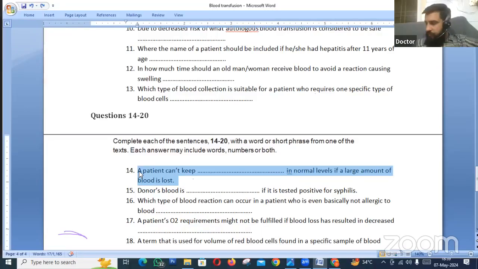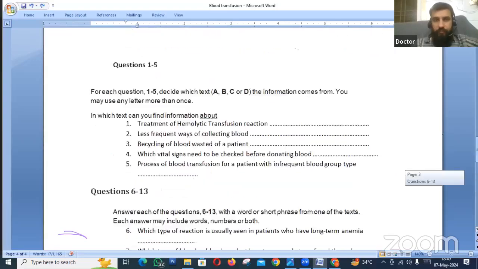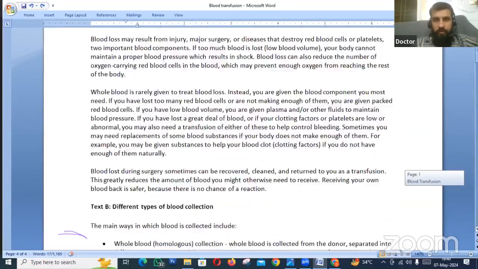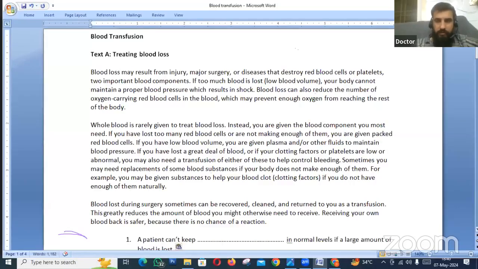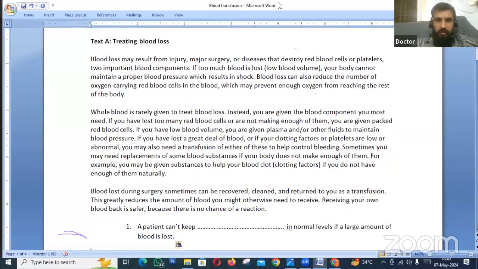So we will copy this question. We will go to the text. We will try to find the answer there. Now try to find the exact answer and write in the chat, please, quickly.